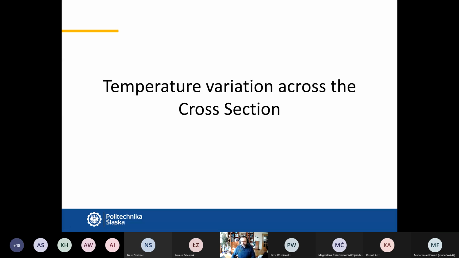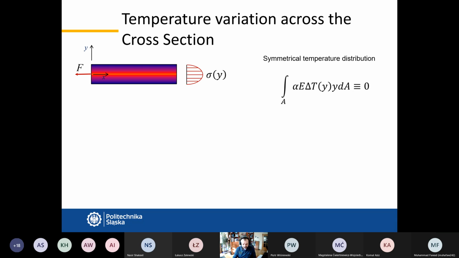So formerly we had a longitudinal change in temperature, with a coordinate x, so along the axis, and now we'll look at what happens if the temperature varies in a lateral direction, perpendicular to the axis.